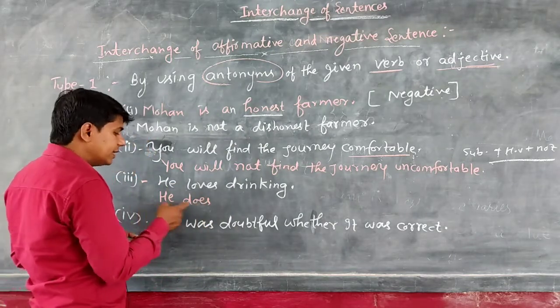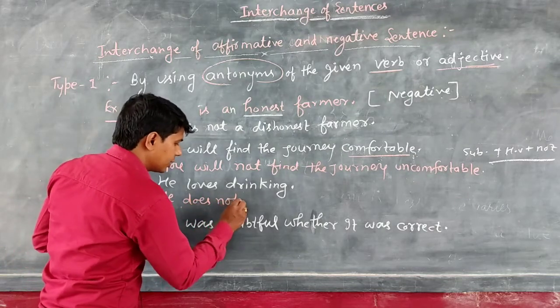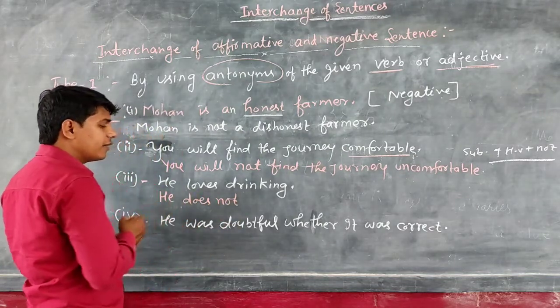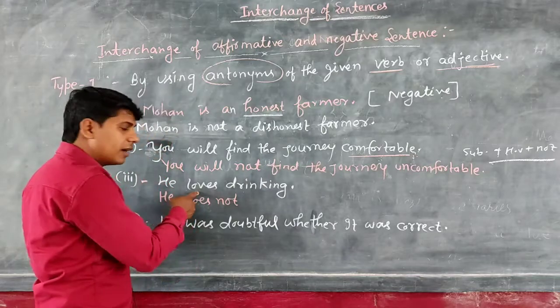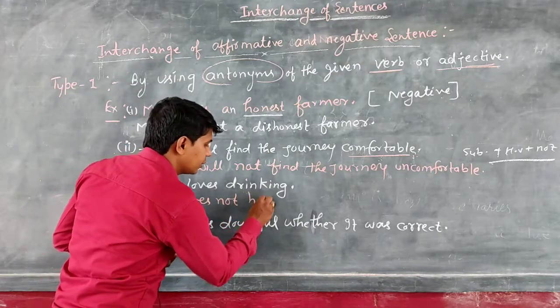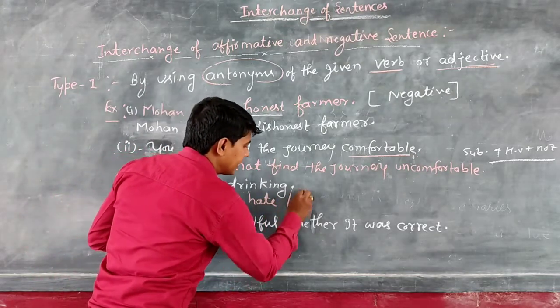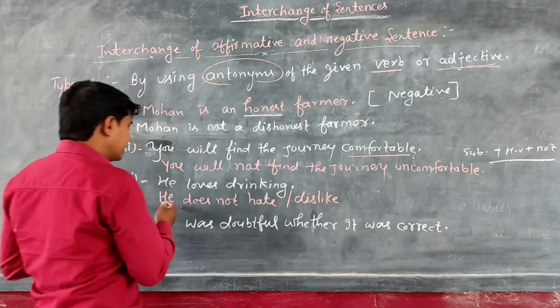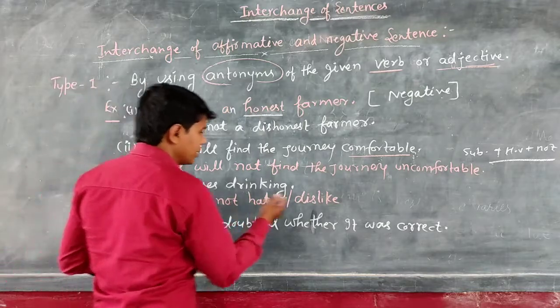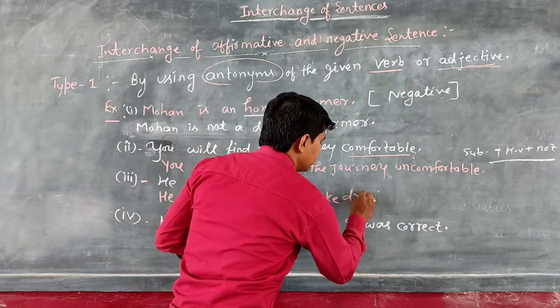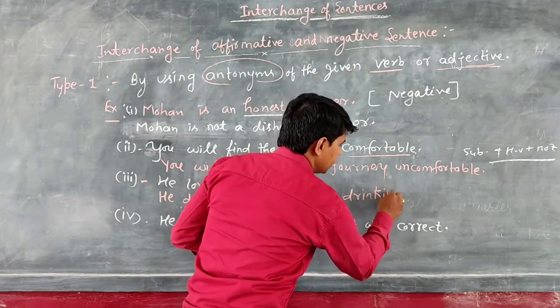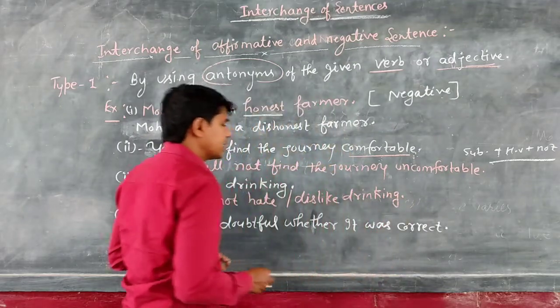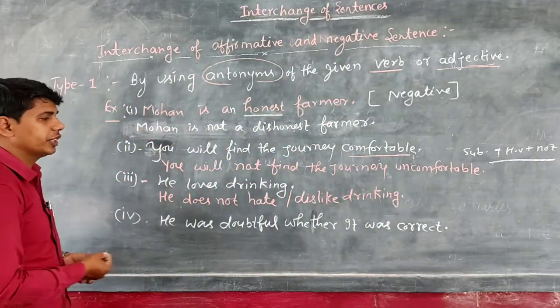So he does not. In that sentence love is the verb. What is the opposite of love? We can use hate. You can also use dislike. So he does not hate, he does not dislike drinking.